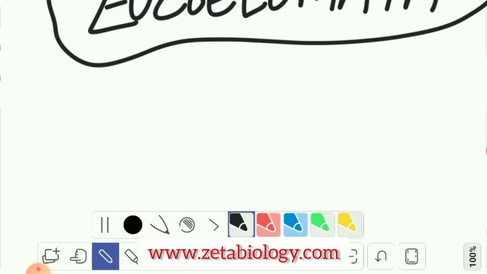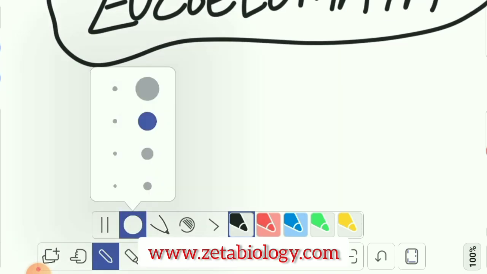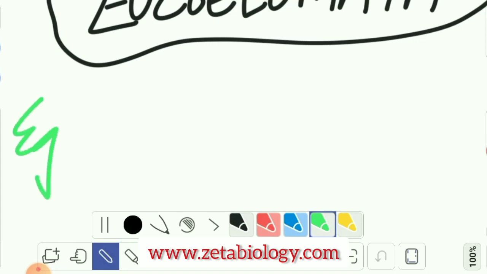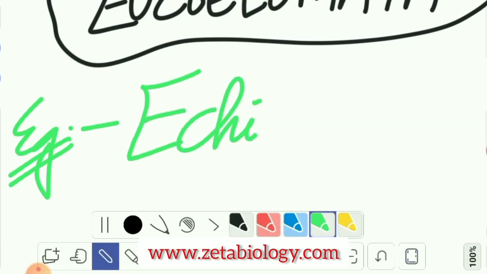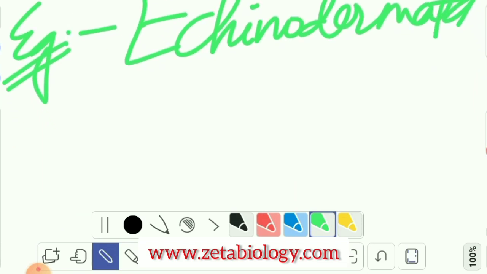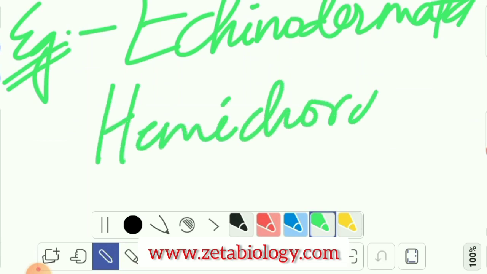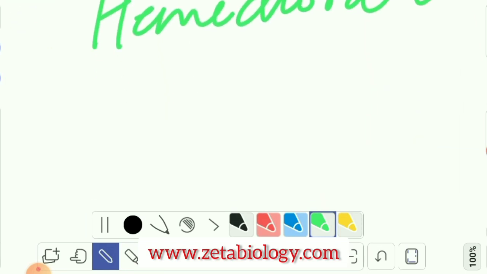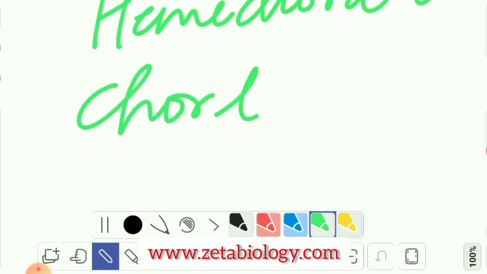Examples of Eucoelomata are Echinodermata, Hemichordata, and Chordata. These are Deuterostomia Eucoelomates. Okay, so you need to remember the examples.